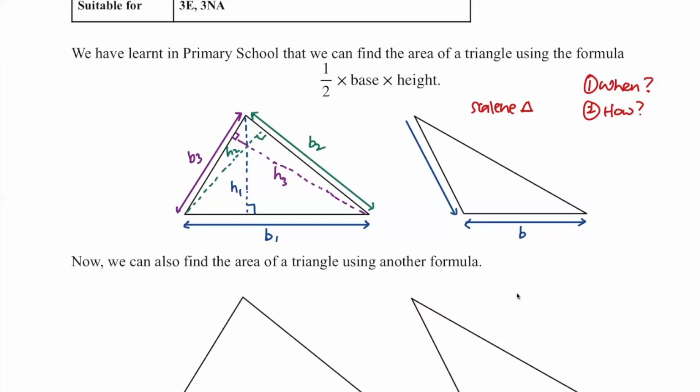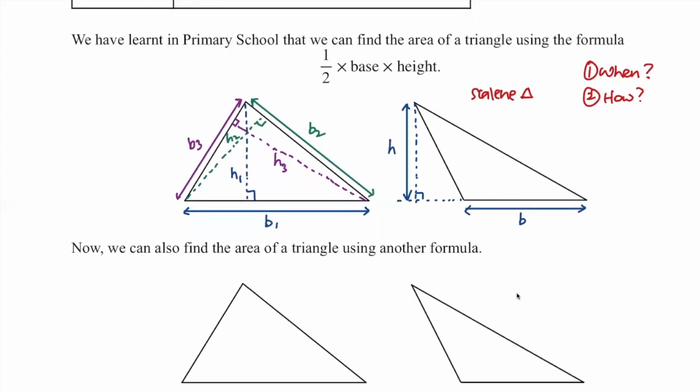The height must always be perpendicular to the base. So what you need to do is extend the base out, and then drop a perpendicular line down from the other corner. This distance that's perpendicular to the base is going to be the height. This is just a recap of how to find area of triangle using half times base times height. But you must make sure you know how to use this formula first.